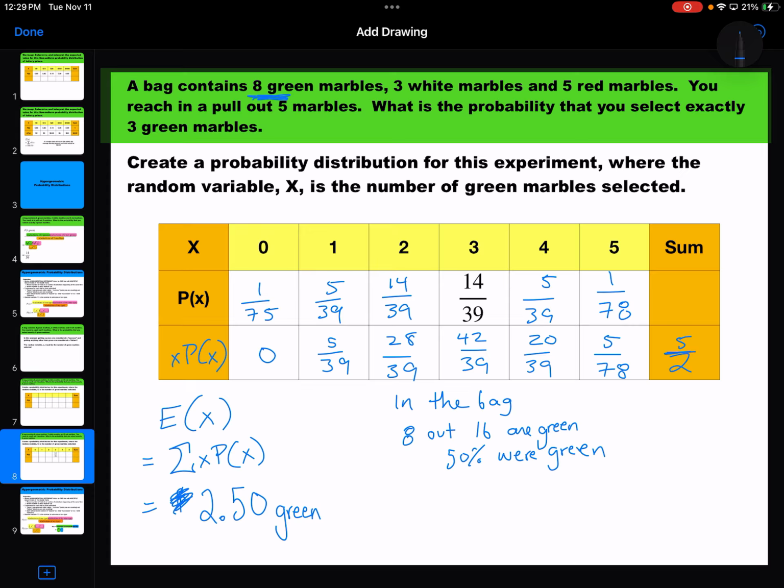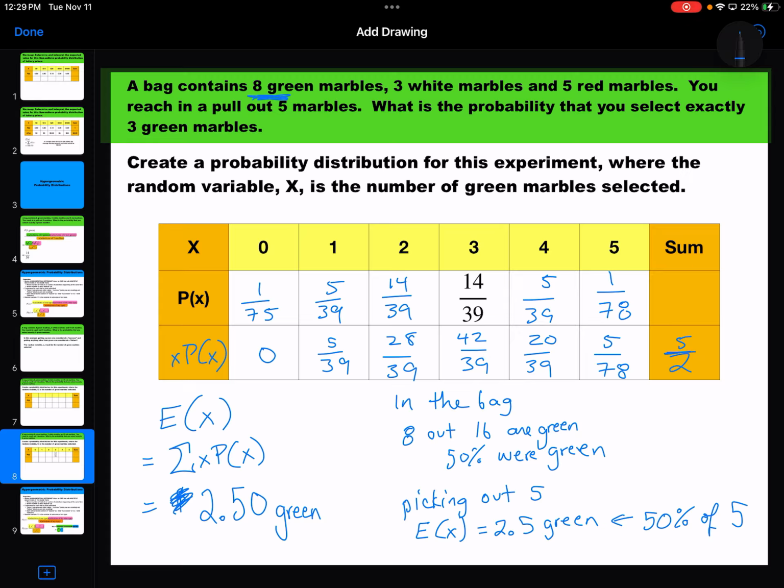And when we're picking out 5, we noticed our expected value ended up being 2.5 green. What do you notice about 2.5 and 5? Well, again, that's 50% of 5. That's always going to work if we have a hypergeometric relationship.